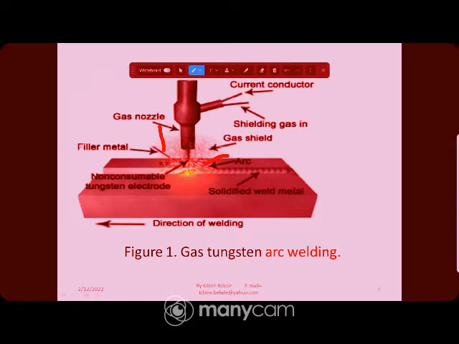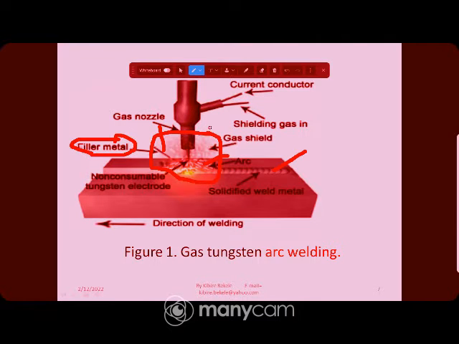As we already discussed, gas tungsten arc welding is performed with or without using the filler rod. Thus, the application of the filler rod depends on the material to be welded and the design of the joint. So, as you see from this figure, there is the weld bead. Here, this is the solidified weld bead, and this shielding gas is shielding the welding area.